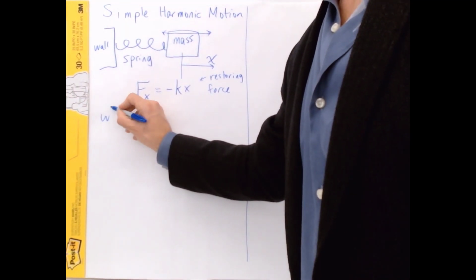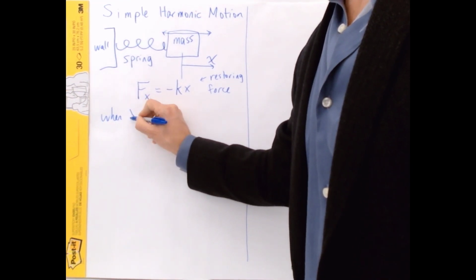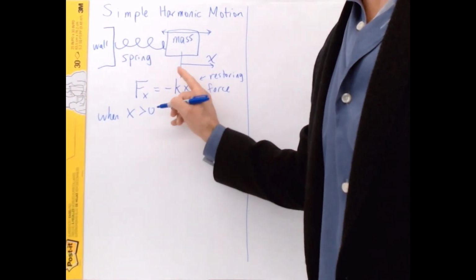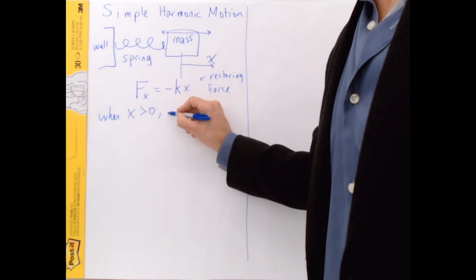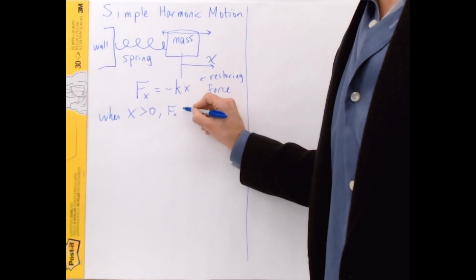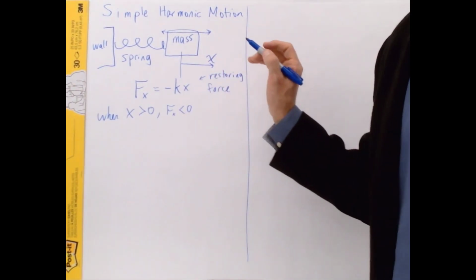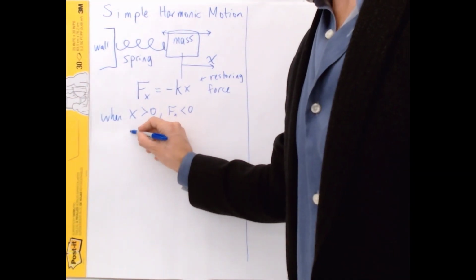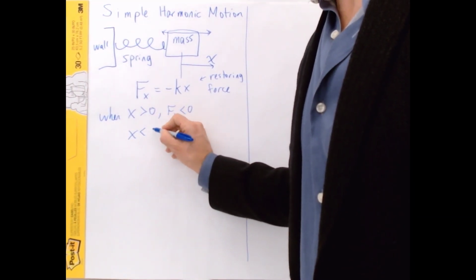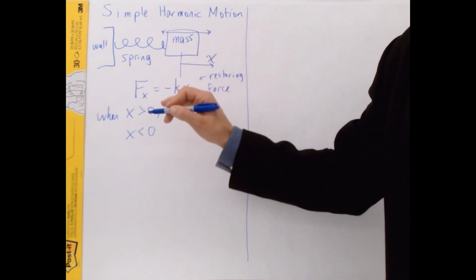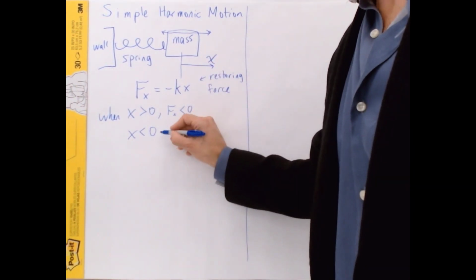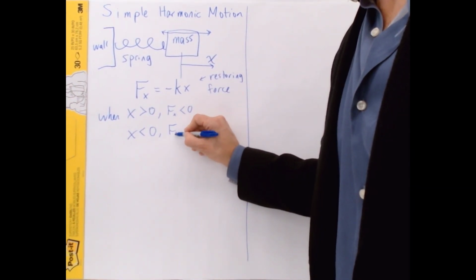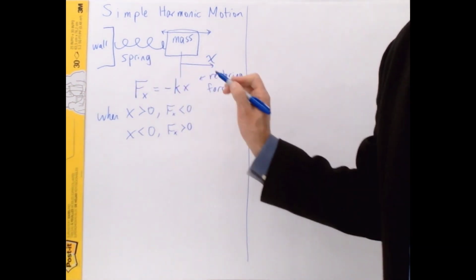For example, when x is greater than 0, so the mass is to the right of the origin, then F sub x is going to be less than 0. It's going to be forcing it towards the left. When x is less than 0, so the position is to the left of 0, then F sub x is positive, so it'll be forcing it to the right.